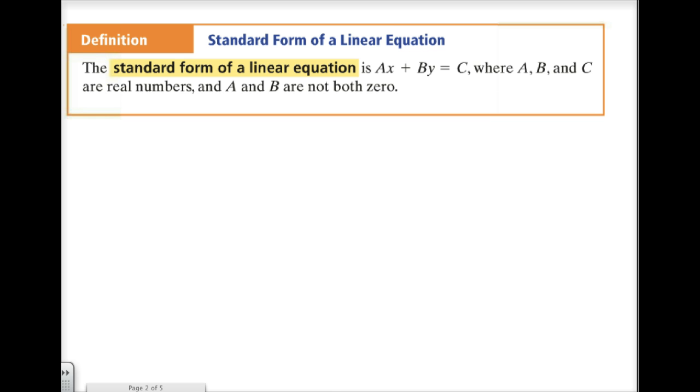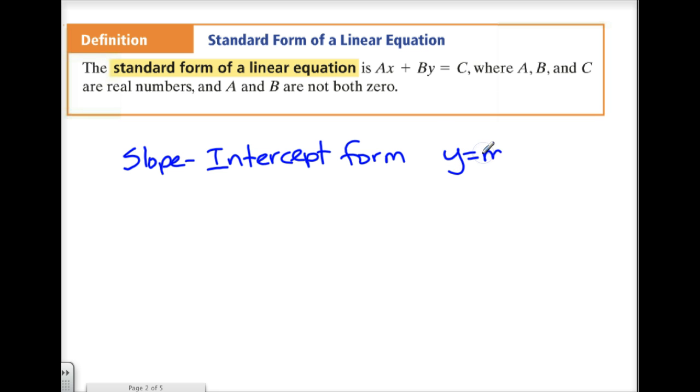We have what we call the slope-intercept form. This is what we've been dealing with, y equals mx plus b, where m is your slope and b is your y-intercept.